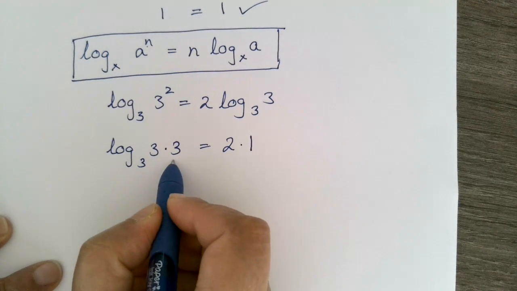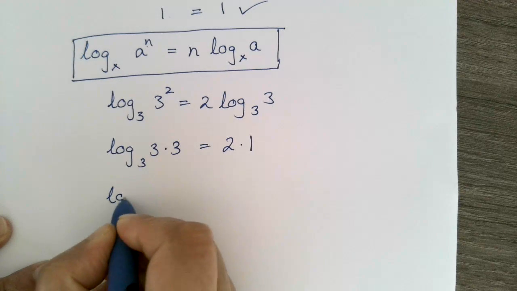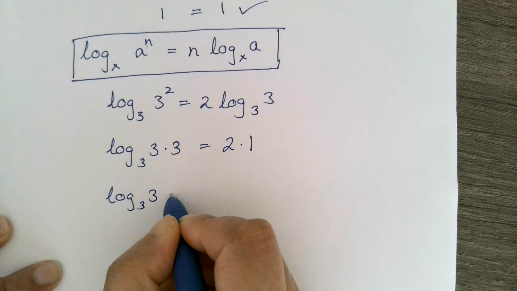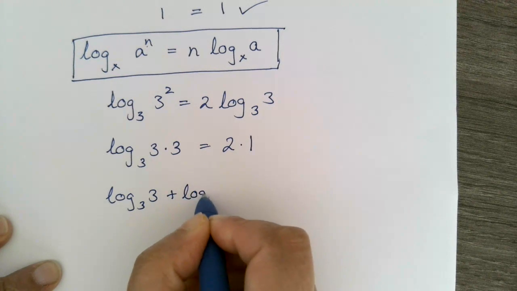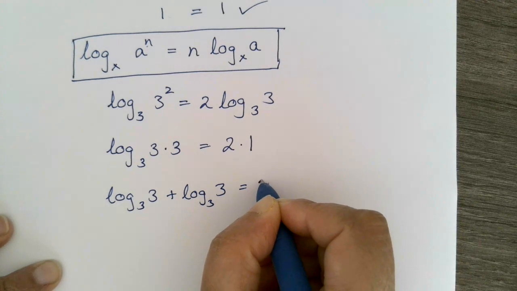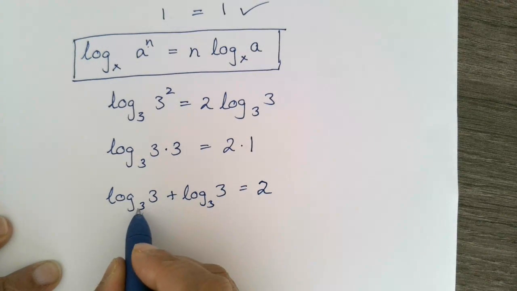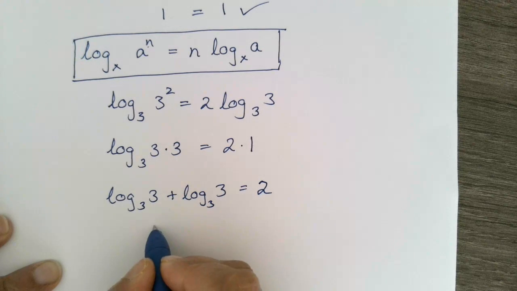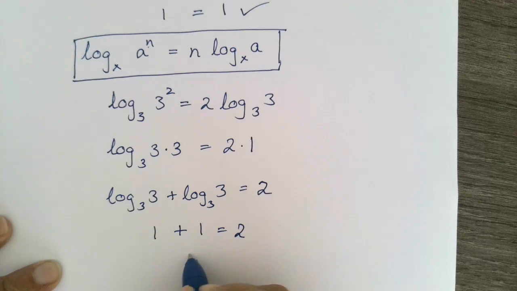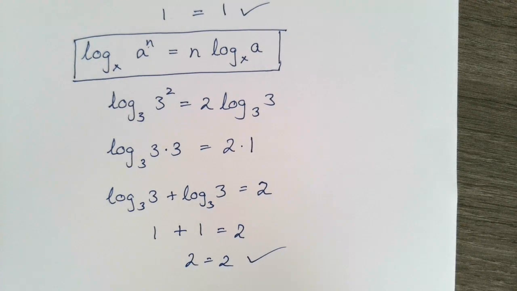Now if you use the product rule, this can be written as log base 3 of 3 plus log base 3 of 3, which is equal to 2. Now 3 to the first power is 3, so that's 1 plus 1, which is equal to 2. 2 is equal to 2. Good. So we learned the three most important properties in logarithms.